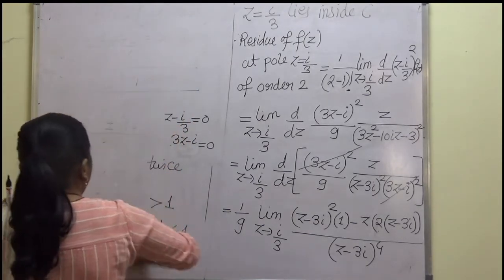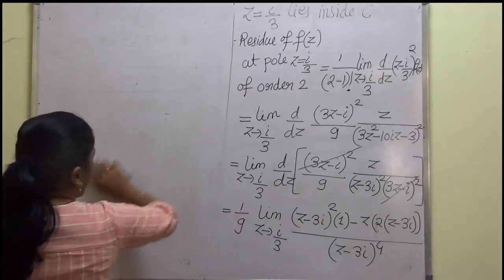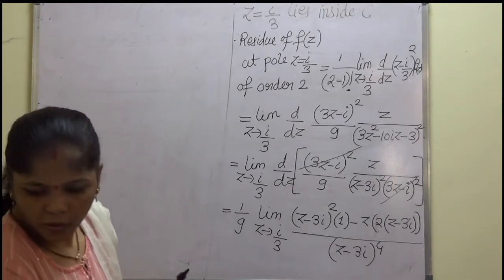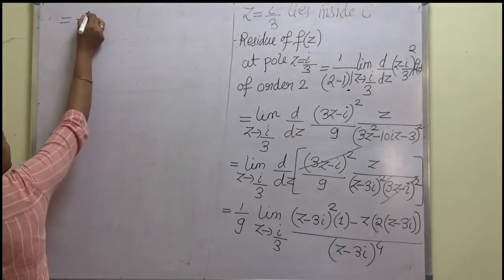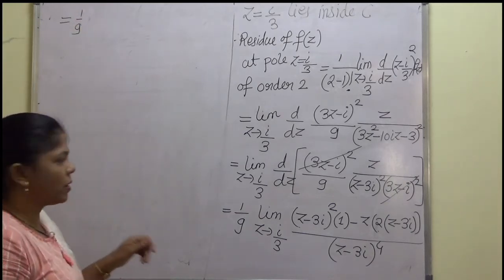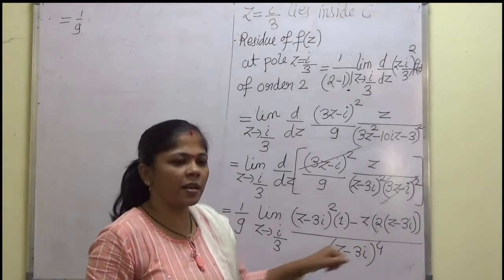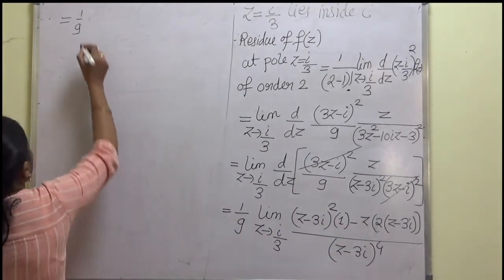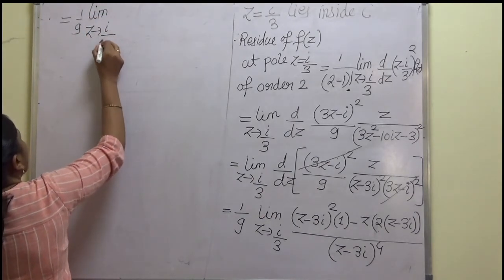Now let us apply the limit, that is z as i by 3. So let us see what we will get. That is equal to minus 1 by 9. Here one (z minus 3i) will get cancelled, right? So it is the limit as z tends to i by 3.